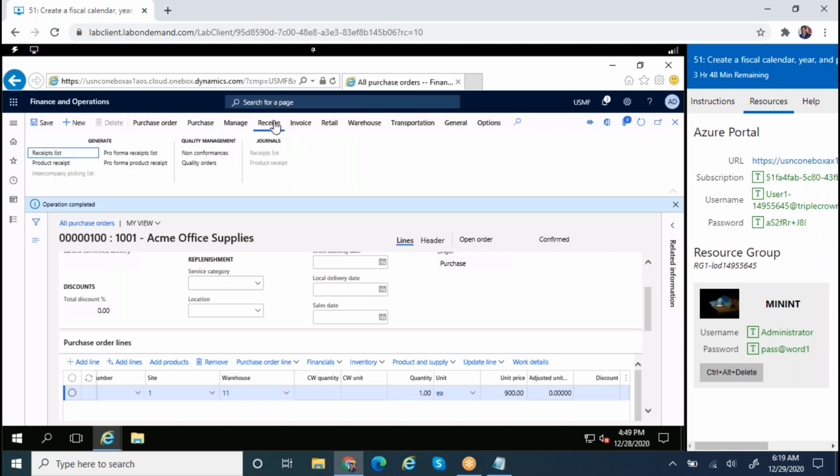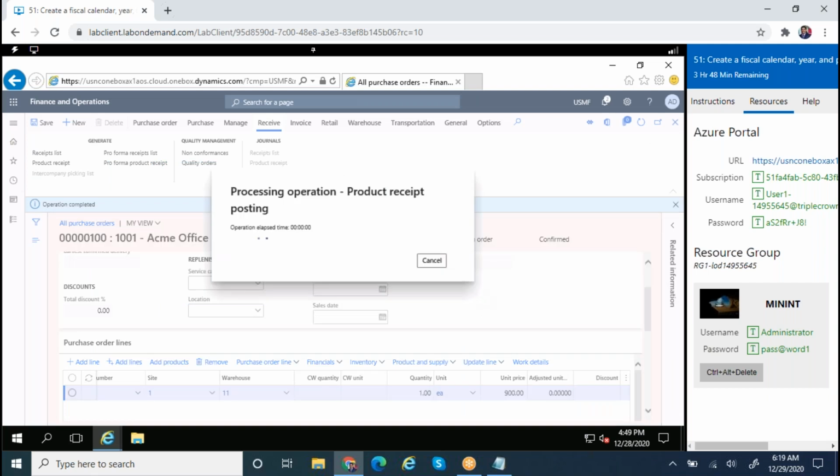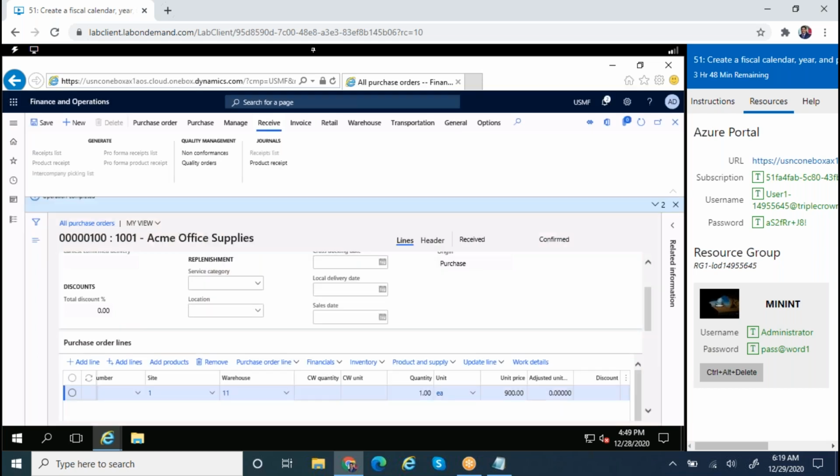Product receipt. Now I'm doing the invoice.